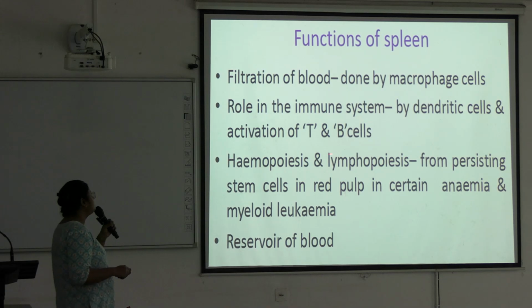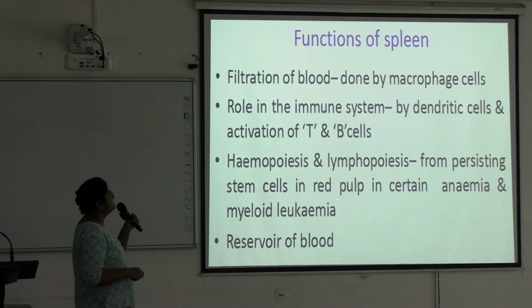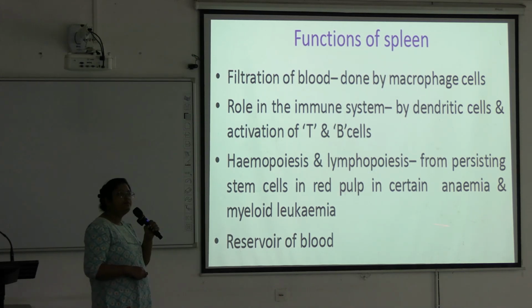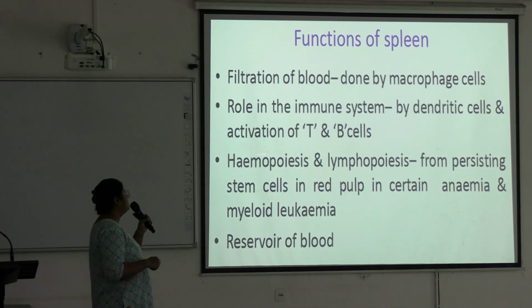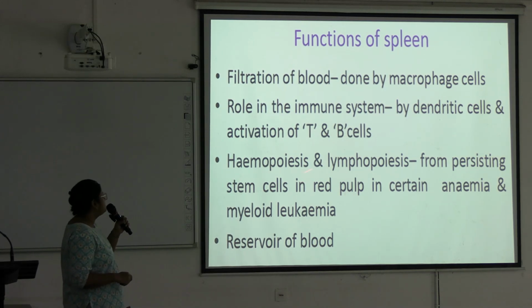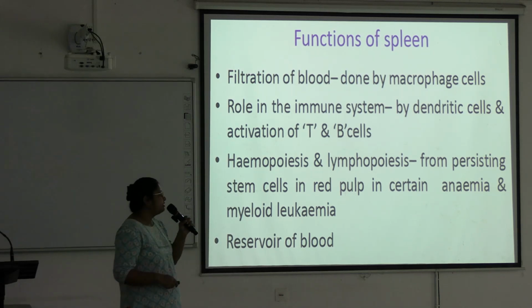Also helps in hemopoiesis and lymphopoiesis from persisting stem cells in the red pulp in certain anemia and myeloid leukemia. In disease conditions only, there will be hemopoiesis and lymphopoiesis. And the spleen also acts as a reservoir of blood. Okay. Next.